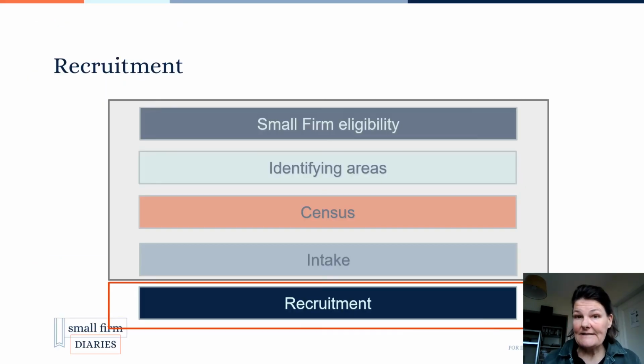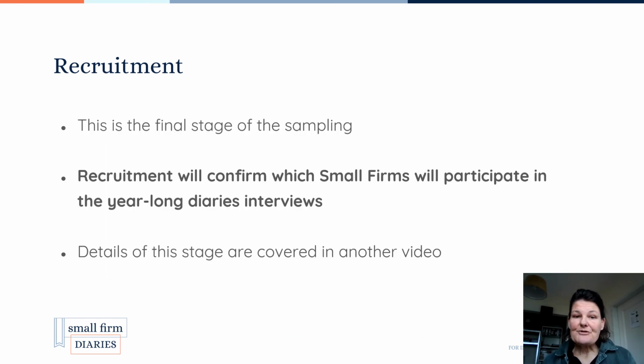So after the intake, we will again score the results, and then the final phase of the sampling process will start. It is the recruitment. So those that have the best scores of the intake interviews, they will be on your list for recruiting. Recruitment actually means that it's effectively the confirmation of those small firms that have been selected.